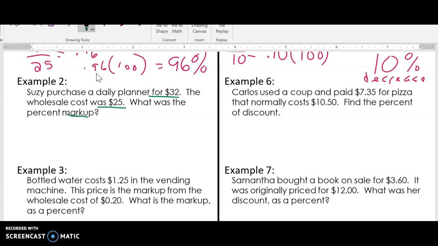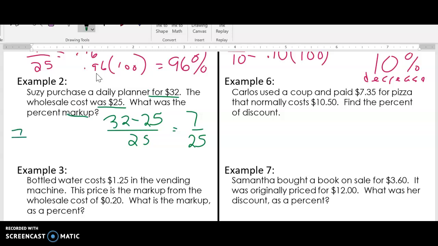Okay, so the markup means I'm going from small to large, so it's still 32 over 25. But the original is not the 32, because 32 to 25 is a decrease. I have to do the markup, which is the original would be 25. That is 7 over 25.